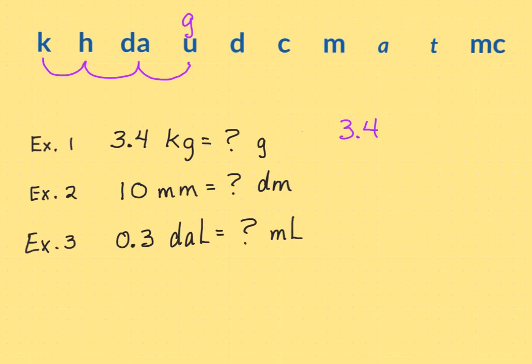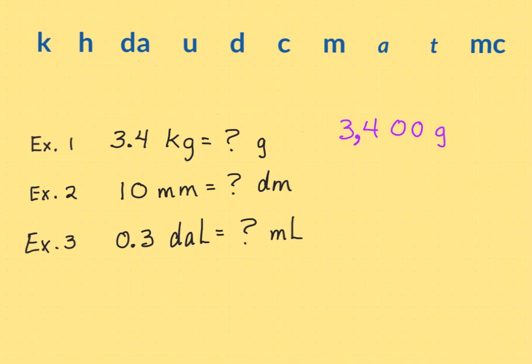Okay, I need to go 3 places to the right with my decimal point. 1, 2, 3. So I'm going to turn this decimal point into a comma because I now have 3,400 and my unit is grams.